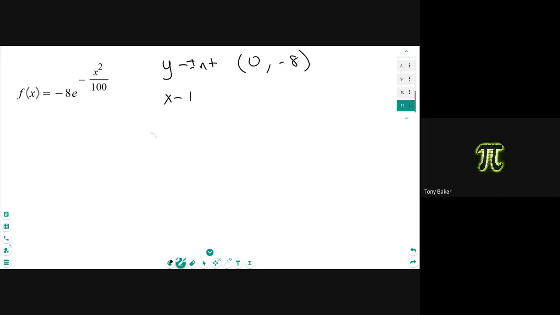For my x-intercepts, we would do 0 equals -8 e to the negative x squared over 100. Can that ever be 0?